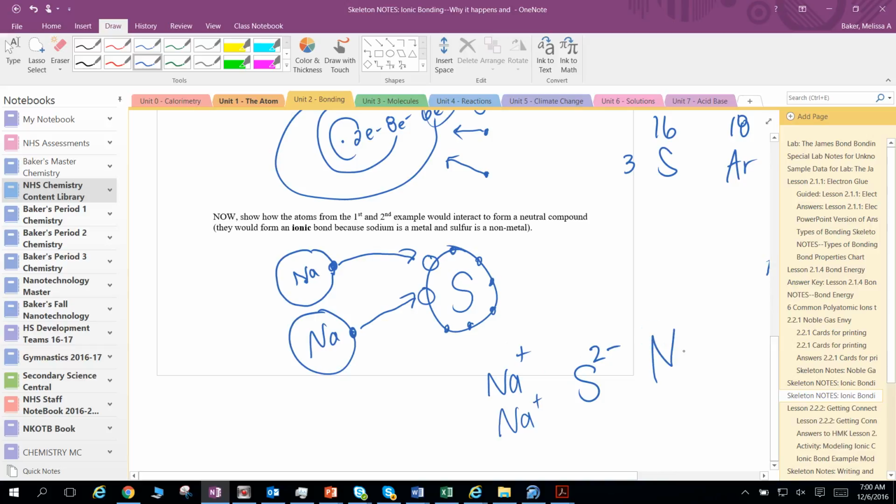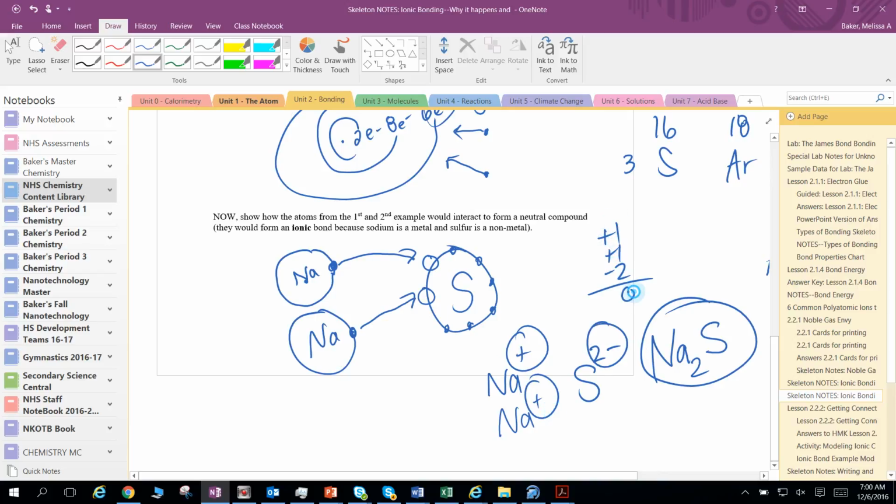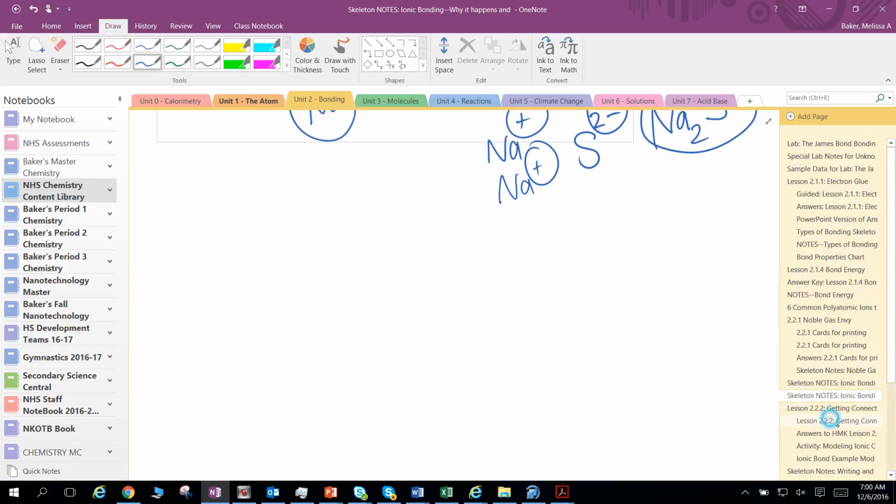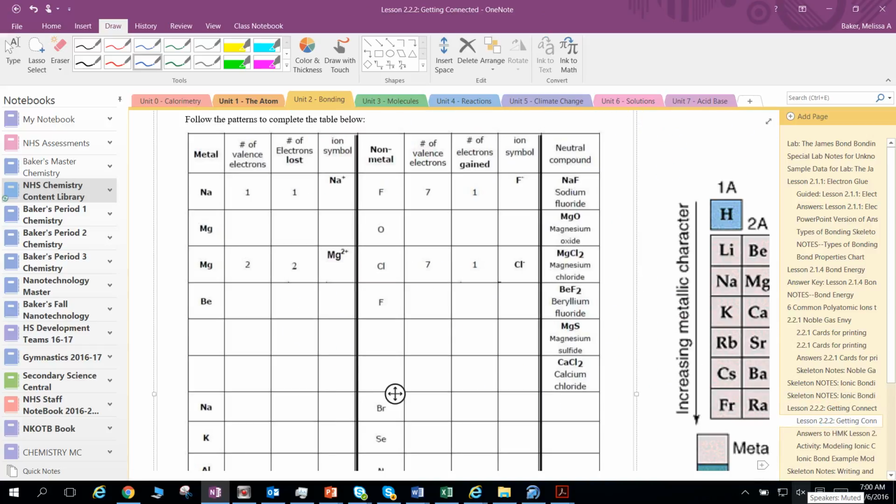So if you take a look at the compound that forms, Na2S, you'll notice that +1, +1, and a minus 2 adds to make 0. And all ionic compounds have to have that stable 0 neutral charge. So now we can take a look at the activity in lesson 2.2.2.